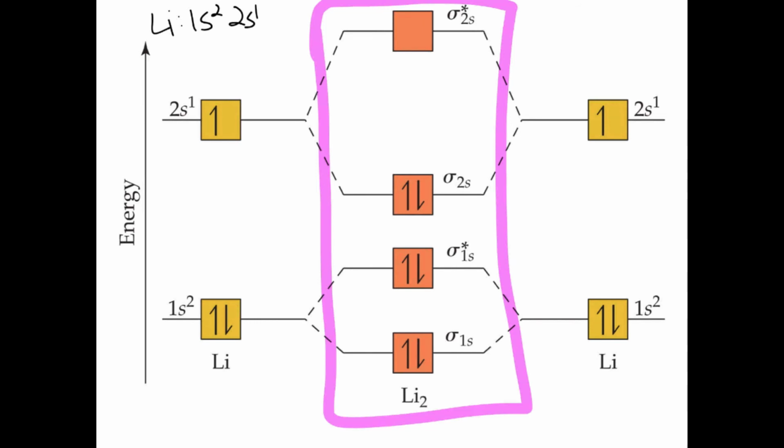For example, the Lewis structure, if you will, of two lithium atoms bonding is laughably simple. I really only have one valence electron for each lithium atom, and so I just make a bond between them. And in a Lewis structure, we say very clearly, there are the two electrons right there.